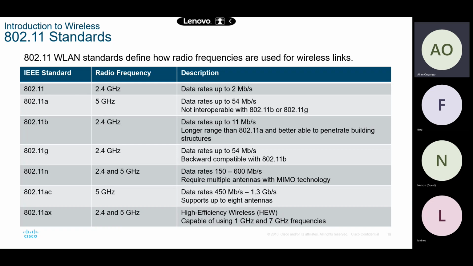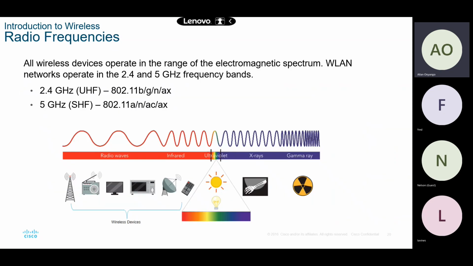Otherwise, 802.11ac uses 5 gigahertz, just like 11a, with data rates from 450 Mbps all the way to 1.3 gigabits. And it supports up to about 8 antennas normally. So again, you don't have to cram these. You just need, for a point of information, to know that we have different standards for our wireless local area network.